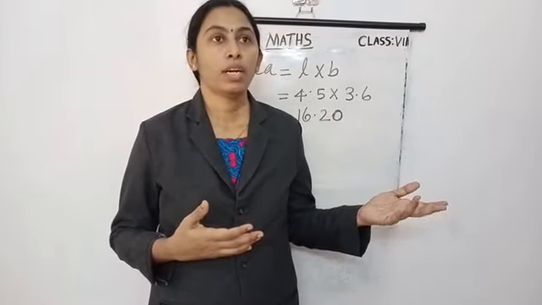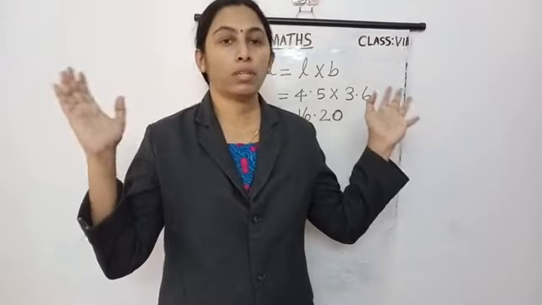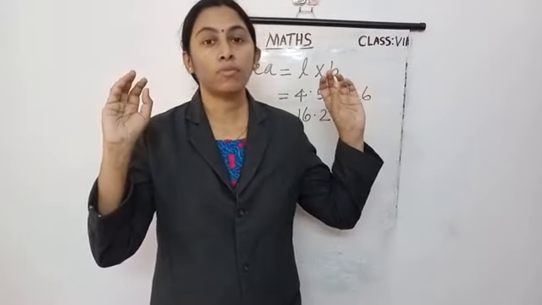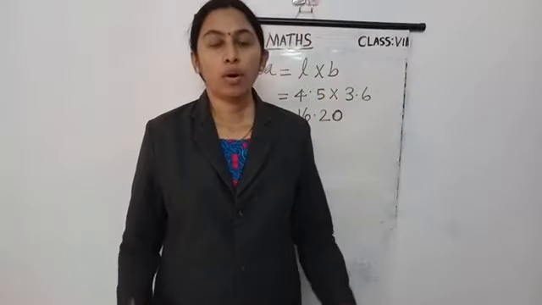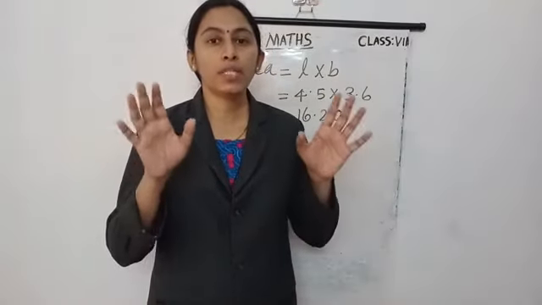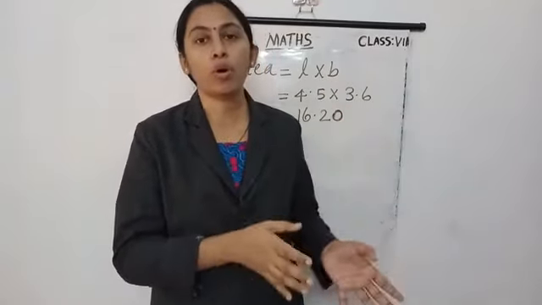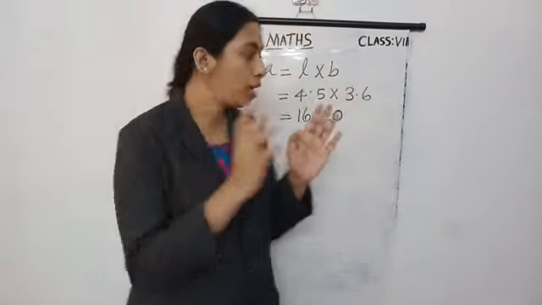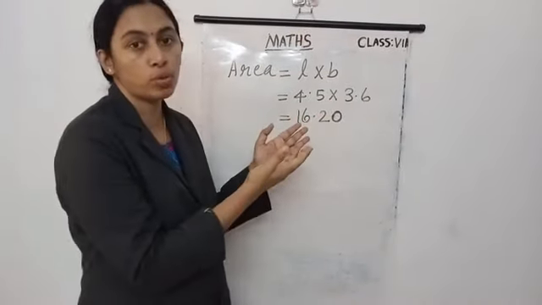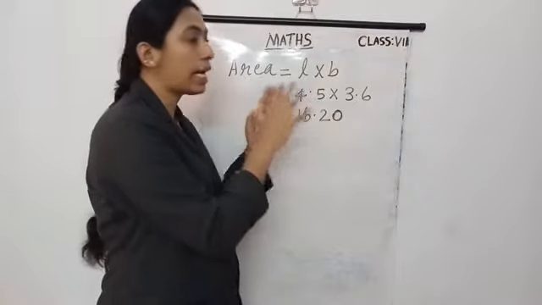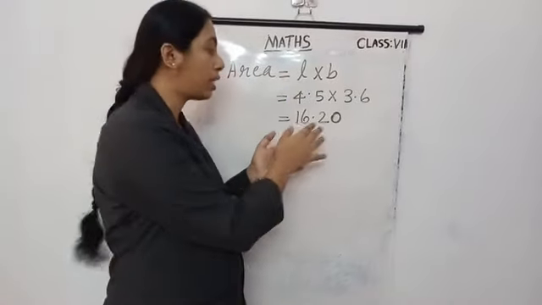We do not whitewash the door, isn't it? All of you know. So we need the area of the wall only. So we need to subtract the area of the door from the total area. We already found 16.20. So subtract the area of the door from this.